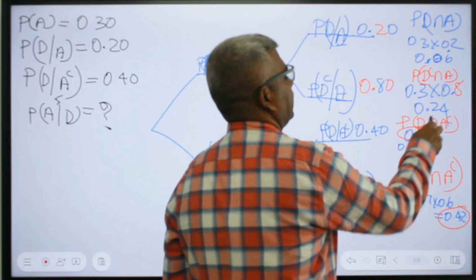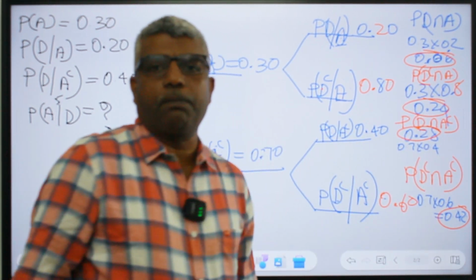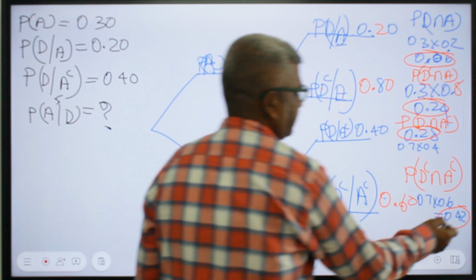0.42, 0.28, 0.24, 0.06. Whether you did it properly, you just add these 4.